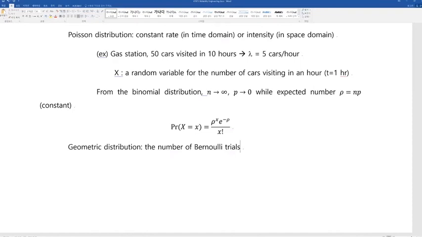If he or she is very unlucky, then maybe 5 or sometimes 10 trials will be necessary to eventually see the success. So the random variable for geometric distribution represents the number of Bernoulli trials to get just one success.